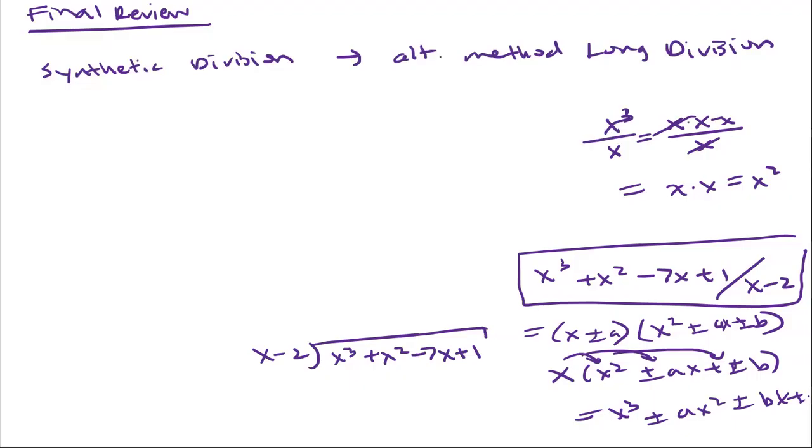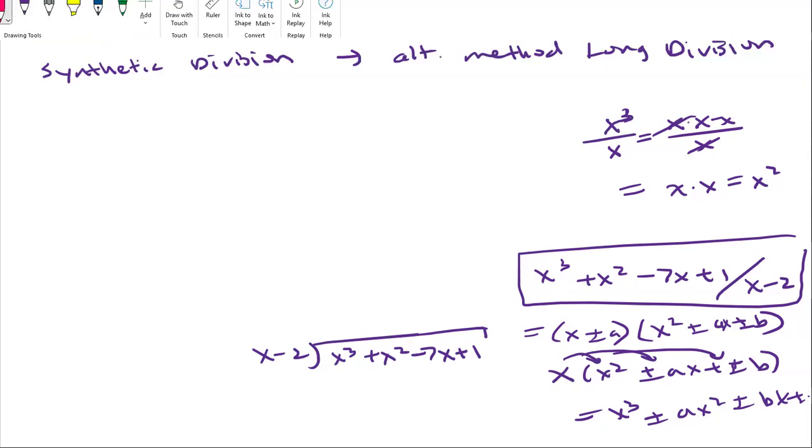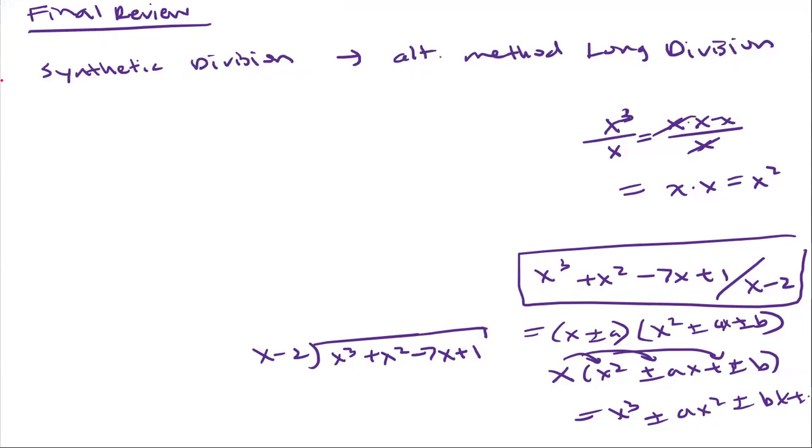Again, synthetic division means you will take the coefficients of the numerator and list them in this format. You have x cubed, the coefficient of that is 1. Let me use a different color here. So 1, 1, minus 7, and plus 1.